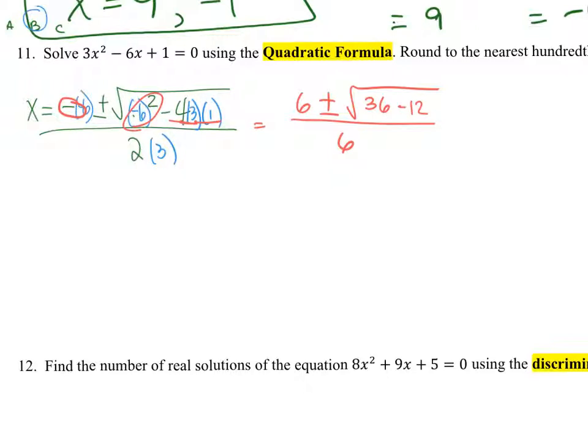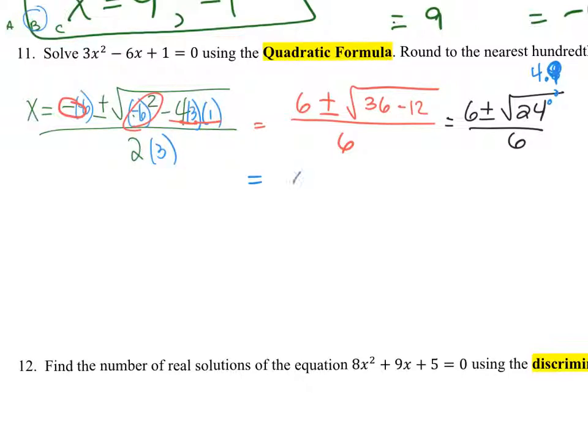That is going to become 6 plus or minus the square root of 24 over 6, which is then, I have to actually calculate the square root of 24 to get a decimal. So you type in the square root of 24 on your calculator, and you get about 4.898, which is really 4.9.